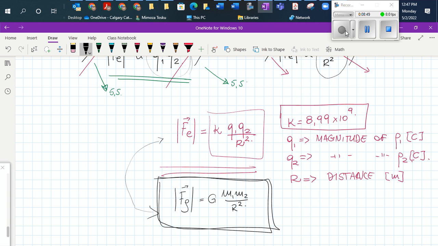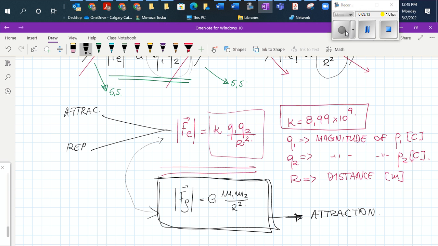The only difference in the direction is that the universal force of gravity is always an attraction force between the two masses, and the electrostatic force between the two charges can be attraction or repulsion.